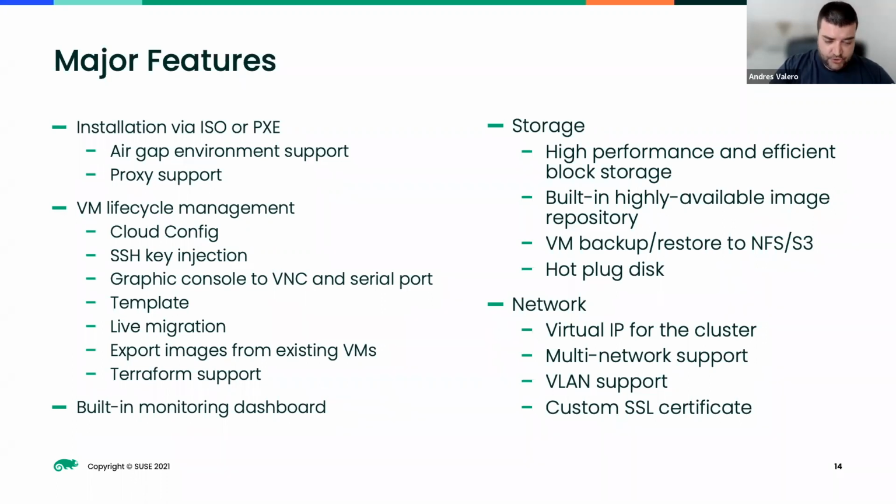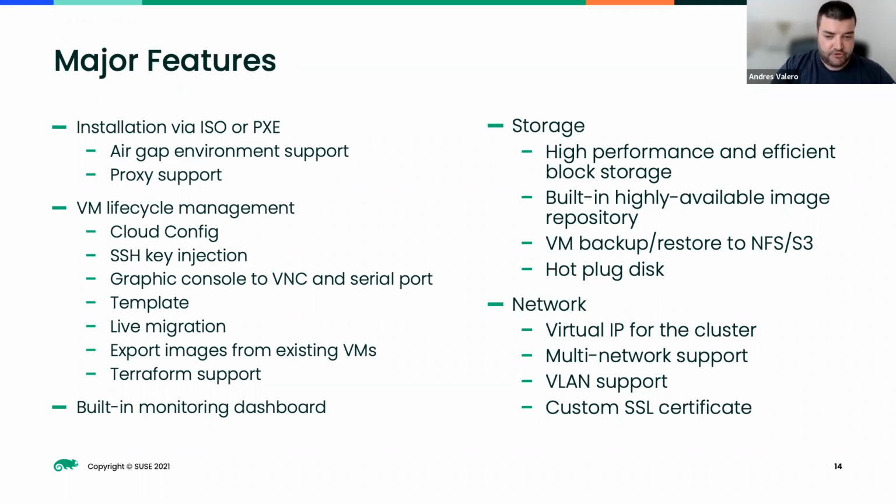So as you could imagine, in any Kubernetes cluster, we will have our Grafana, nice metrics, and I'll show you later. Regarding storage, high performance, block storage, resilient, HA, we're using Longhorn for that. We can also perform backup and restoration of VMs using NFS or S3 buckets.